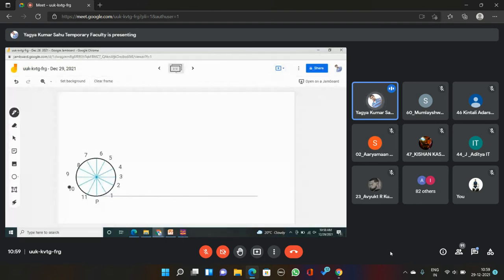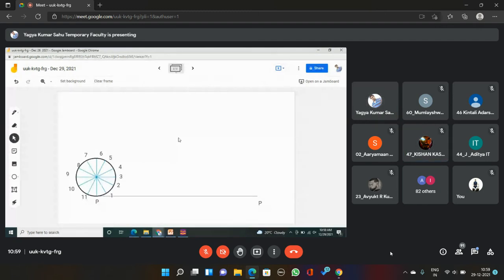I'm taking again P, a common point. So this is P to P. Now that P to P is showing what? It is pi d, 2 pi r, the circumferential length.